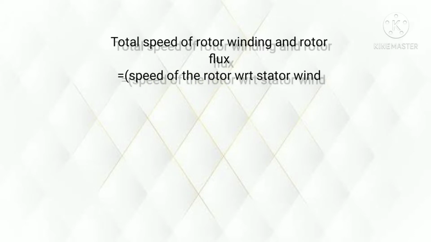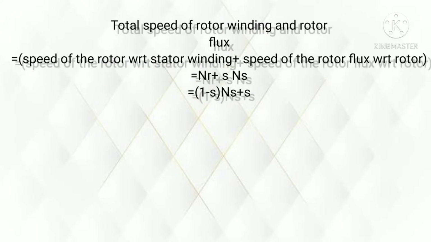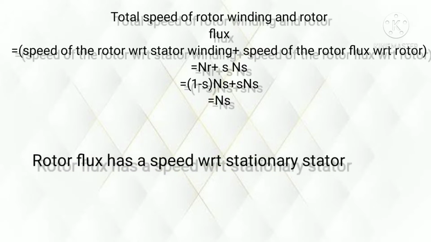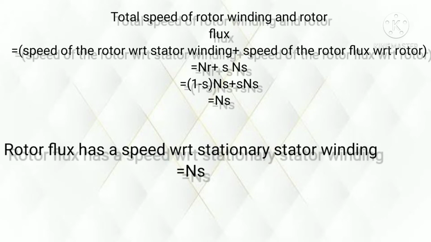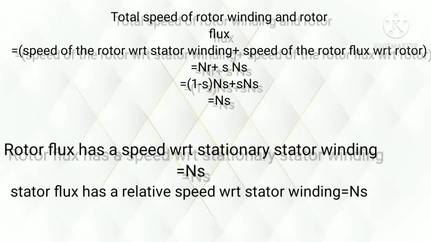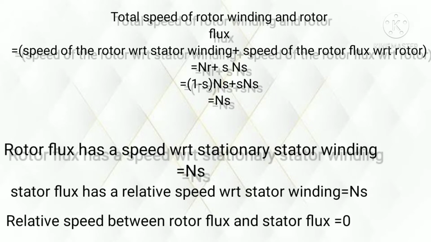So the total speed of the rotor winding and the rotor flux is (1 minus s) into Ns plus s into Ns, that is equal to Ns. So the rotor flux has a speed with respect to the stationary stator winding of Ns. The stator flux also has a speed with respect to the stationary stator winding of Ns. So the relative speed between the rotor flux and stator flux is 0.